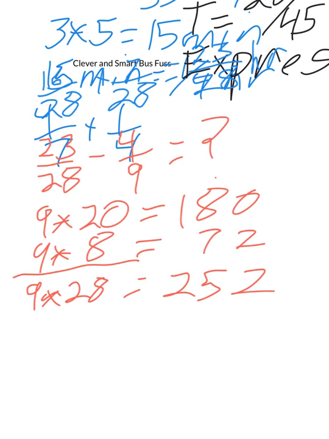We need to do 23 times 9. So let's do that one. 9 times 23 is going to equal 180 plus 27.